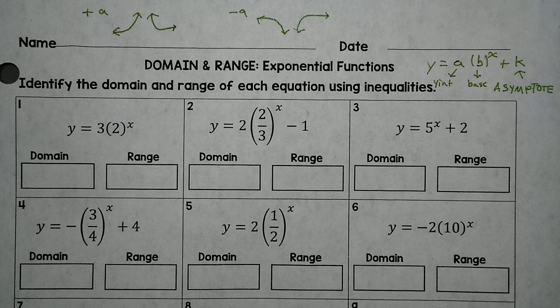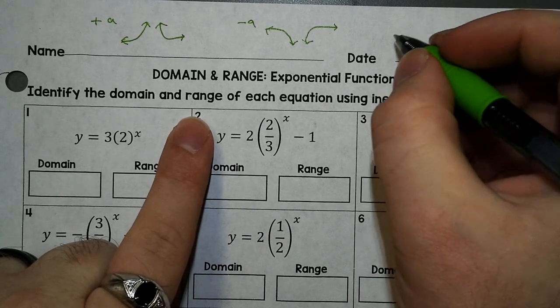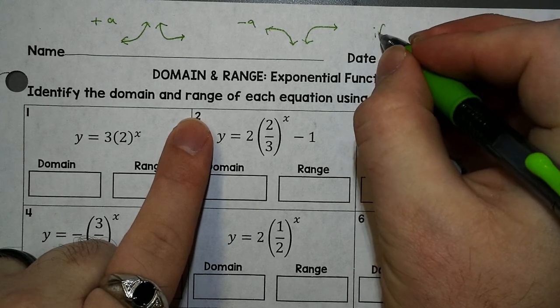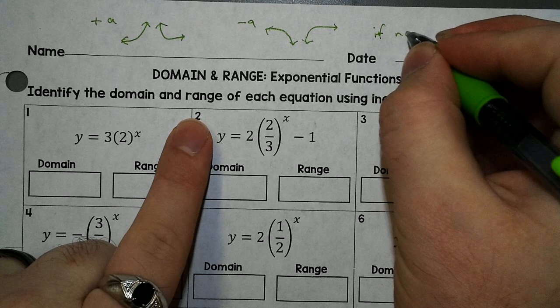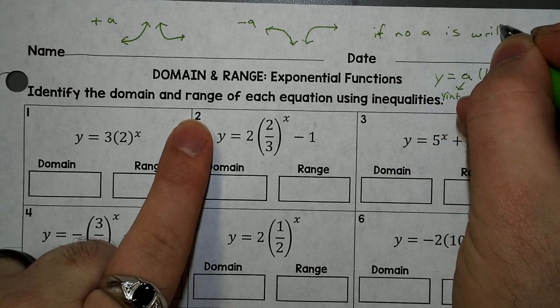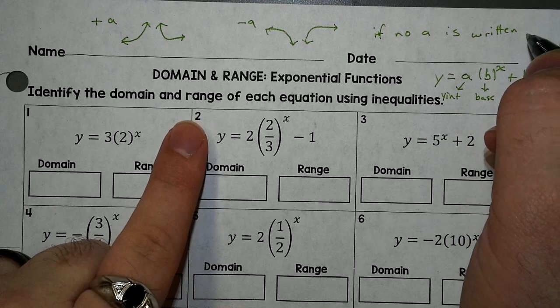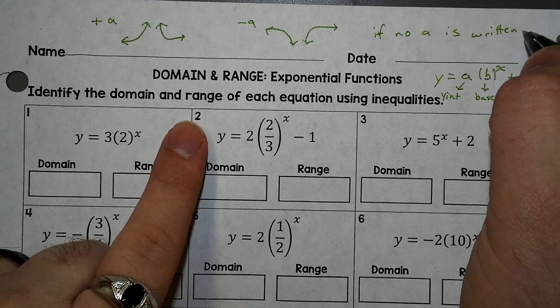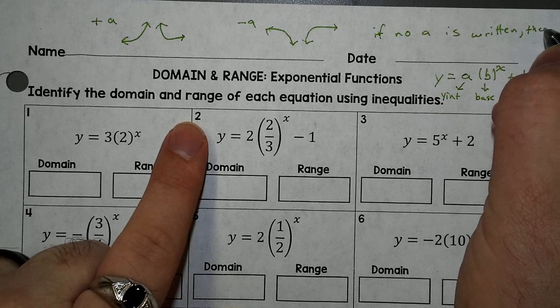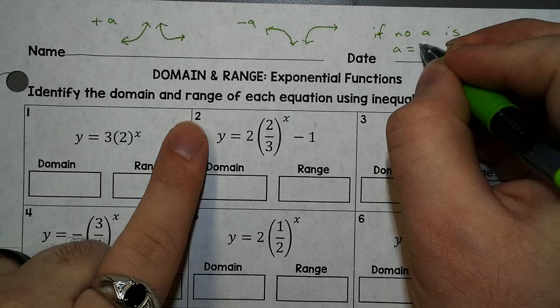Now, this is the reason that I didn't want to do the y-intercepts today. If no a is written, so if you just had like a b and no a, then a is equal to 1.